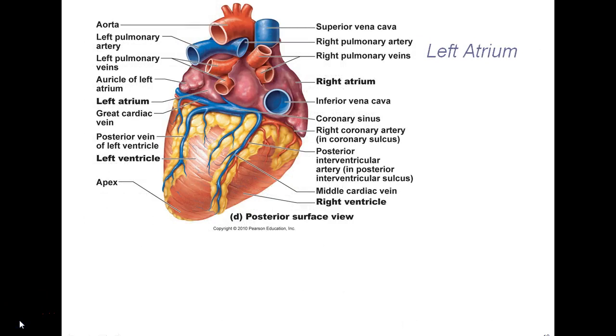We now arrive at the left atrium. The internal anatomy of this left atrium is similar in many ways to the internal anatomy of the right atrium we just discussed, with the one exception that the fossa ovalis cannot be seen in the wall of the left atrium.